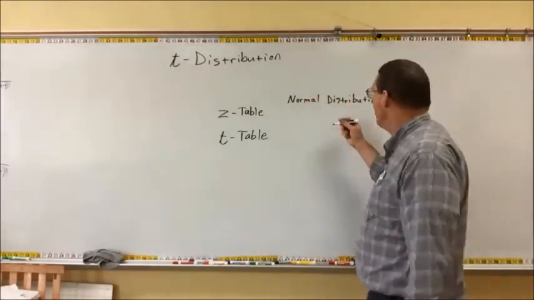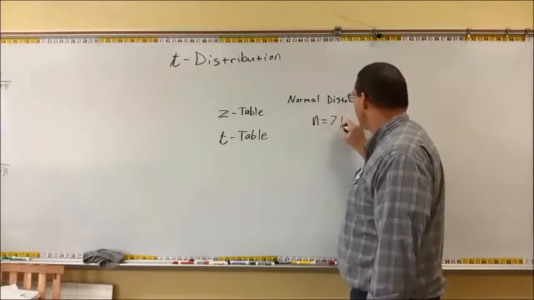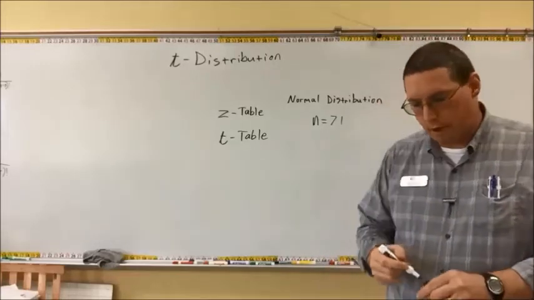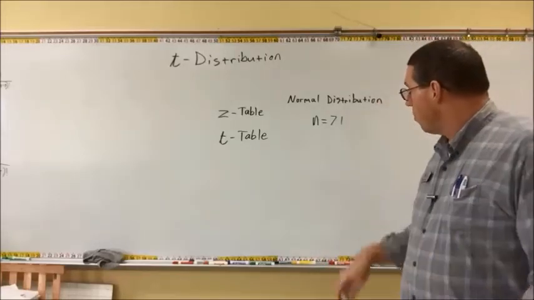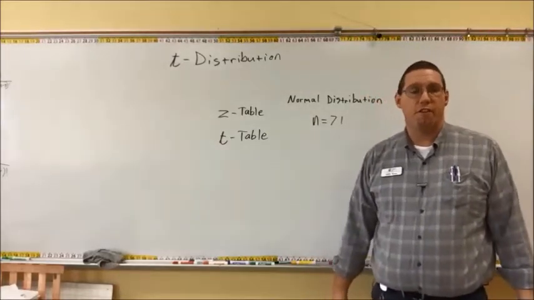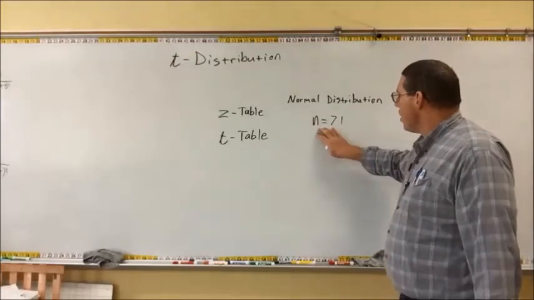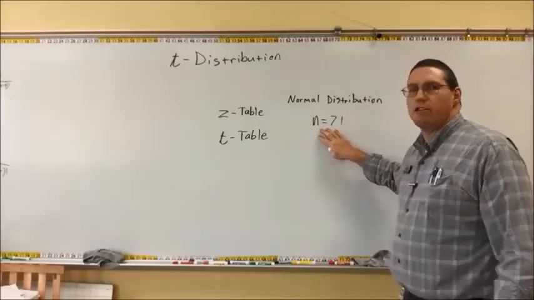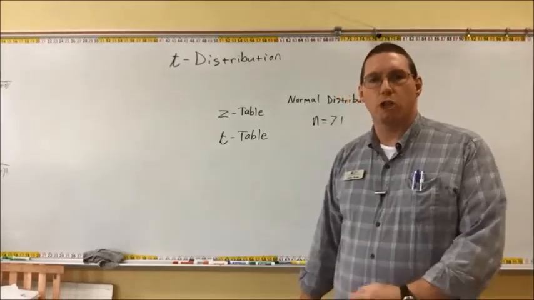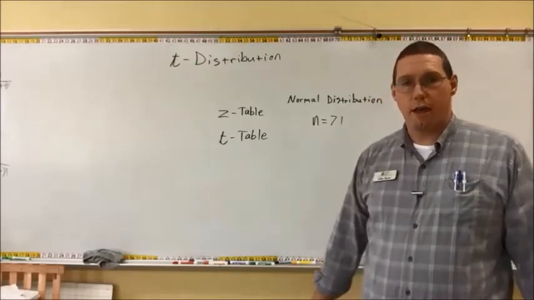So typically, for the normal distribution, let's say you took a sample of maybe 71 people or 71 dogs or 71 houses. Or maybe it was more like 63 or even 57 or 55. But a sample of that size is generally considered to be a larger sample, and anything larger than this is going to be considered a larger sample.